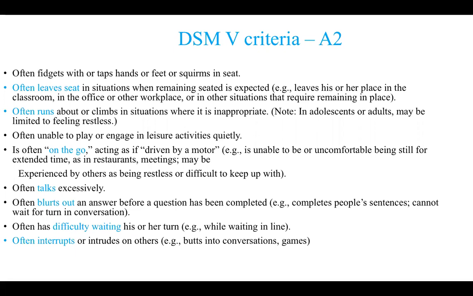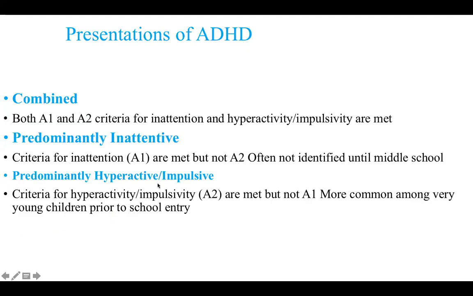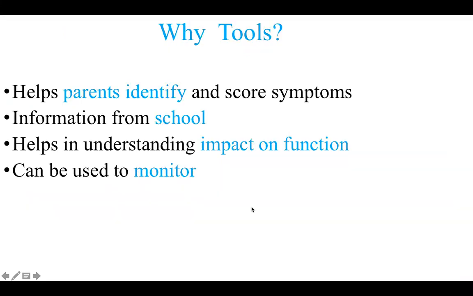Six out of 9 in A1 would be probably the inattentive type, and 6 out of 9 in A2, but not in A1, then probably the HI type.